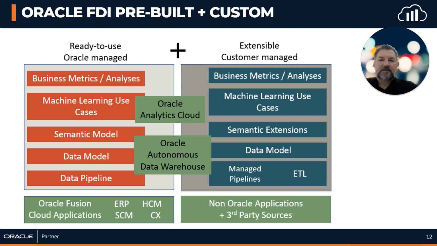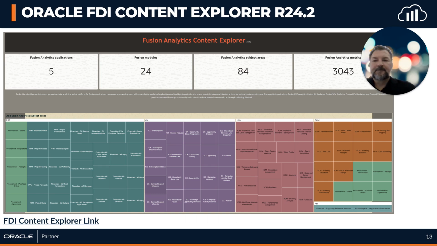This is an illustration of the ready-to-use Oracle managed components of FDI, whereas the right side would represent any custom content or anything you would extend beyond Oracle applications or any of the Oracle applications where there isn't delivered content today.